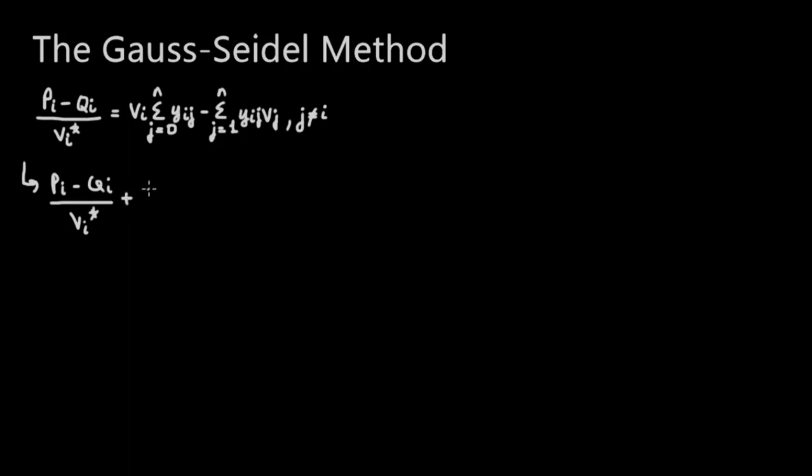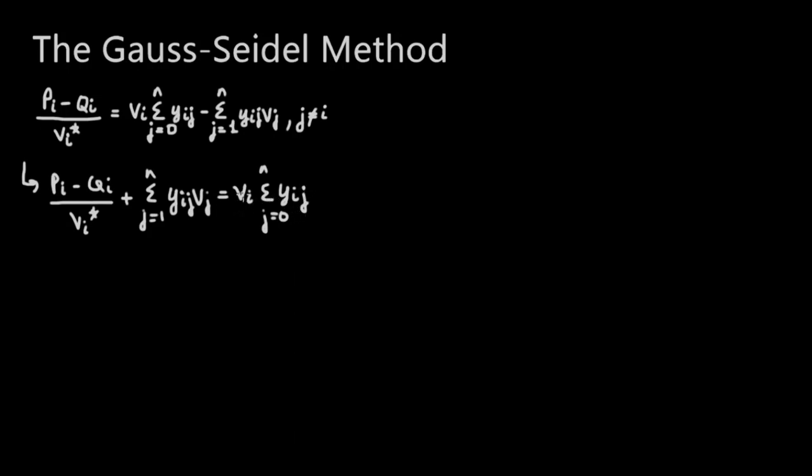So I'm going to get plus the summation as j goes from 1 to n of lowercase Yij Vj, and that's going to be equal to this term over here, Vi times the summation as j goes from 0 to n of lowercase yij.